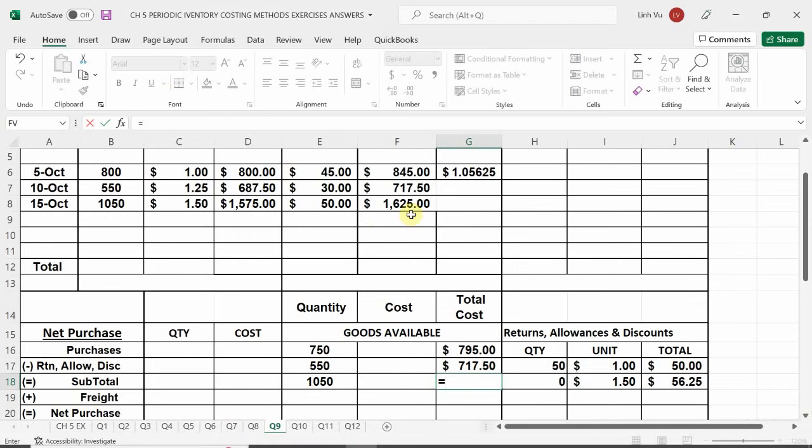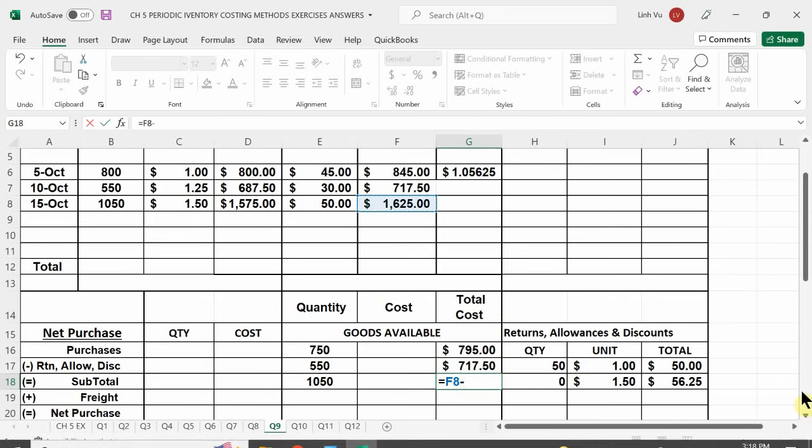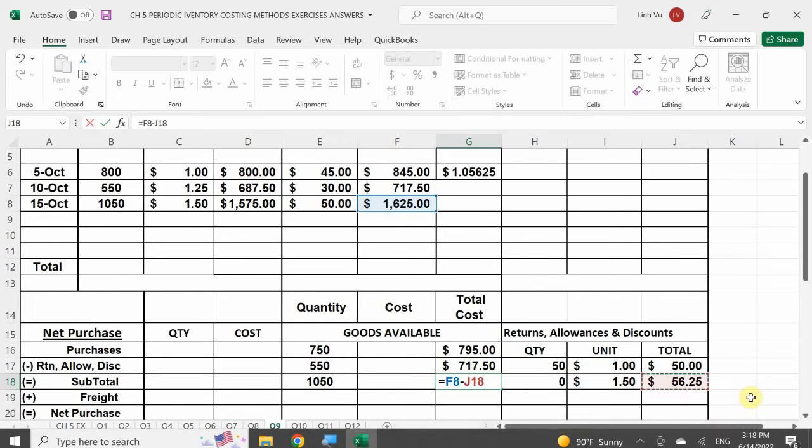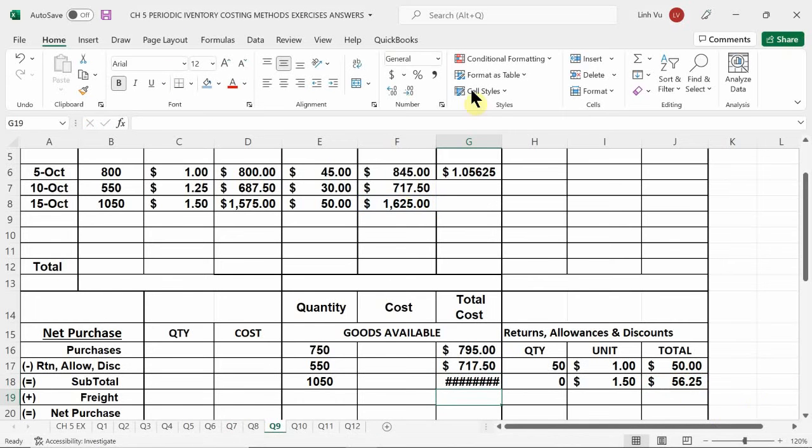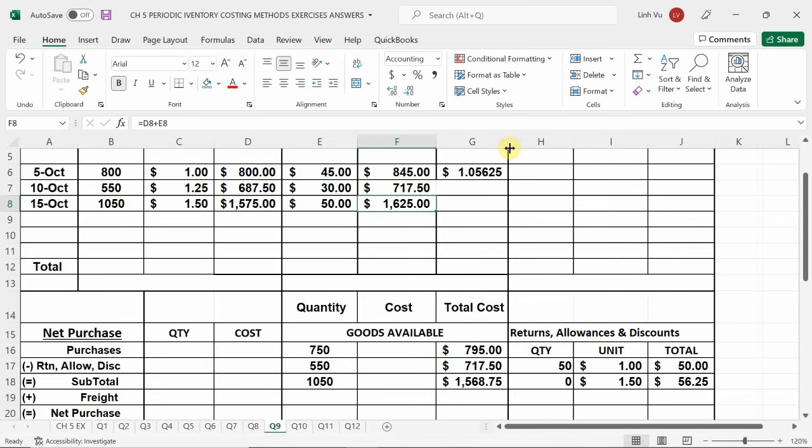But this time, I got charged that $16.25, but I end up getting that $56 refund, okay? So I should be at a new grand total of $1,568.75. That's my new batch of inventory right there.